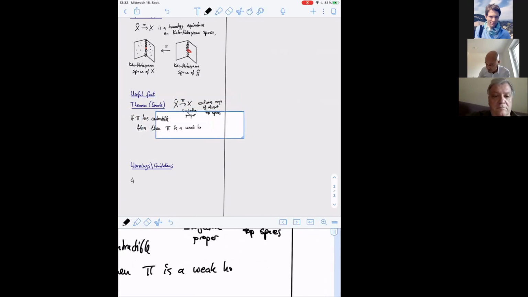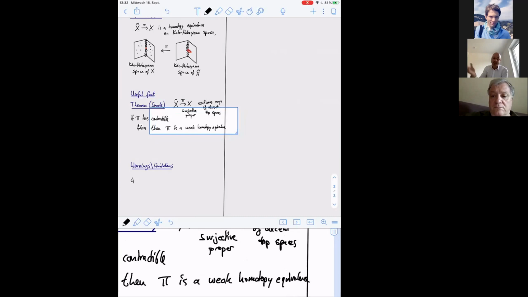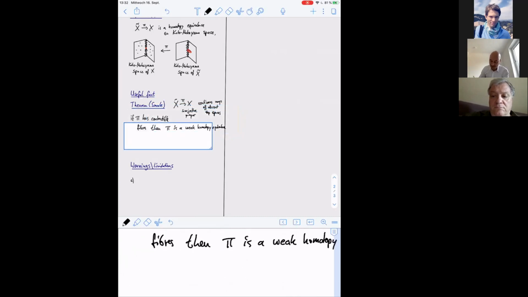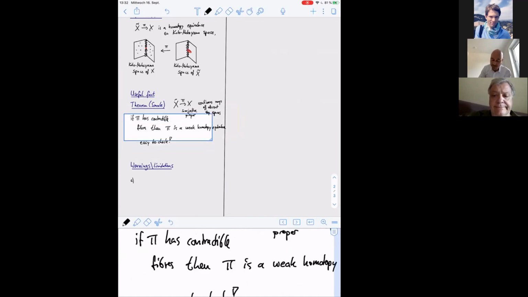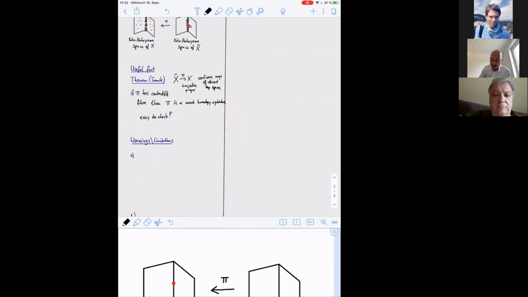Weak meaning you see it in all the homotopy groups. So basically cohomologically, they're the same space. That's super nice because you can easily check whether the fibers are contractible. This is super easy to check, so that's super useful.